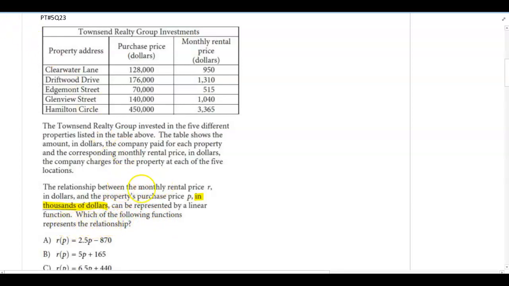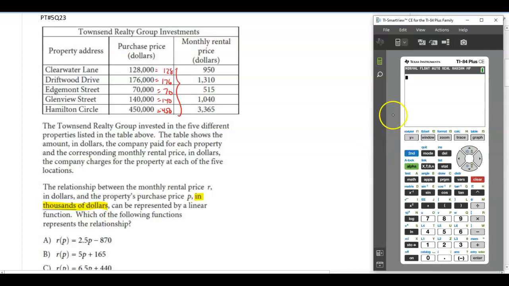When it says in thousands of dollars, what they really want you to do is write the linear equation that suits this info using 128, 176, 70, 140, and 450, because this would mean it's in thousands, right? So what we're going to do, and again, if you understand the calculator, this is a real easy problem.